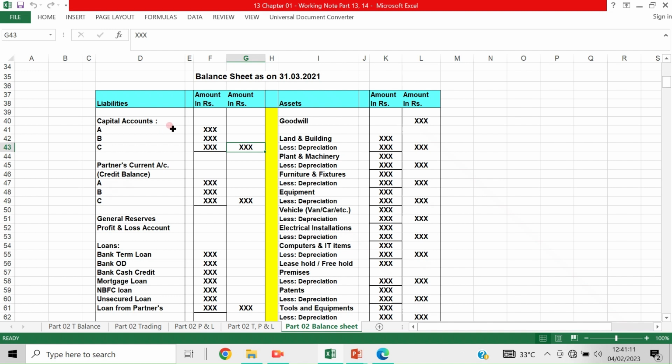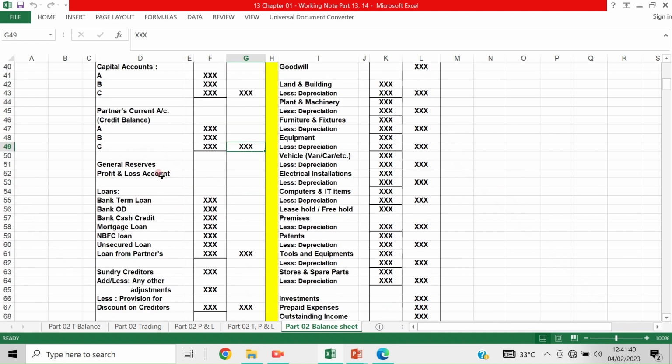And at the same time, whatever the other transactions, withdrawings, additions, commission, salary, etc., are taken into the partner's current account. So that will be prepared separately, and the summary is taken here. Partners' current account, credit balance, partner A, partner B, partner C. Okay, that will be taken outside.